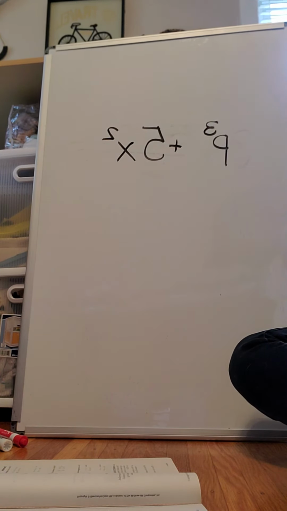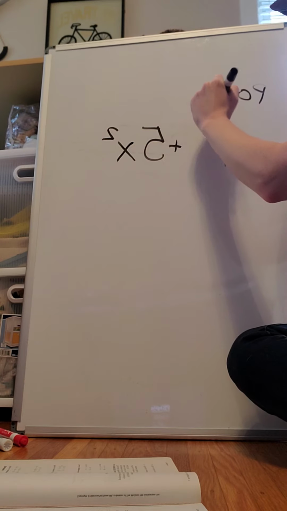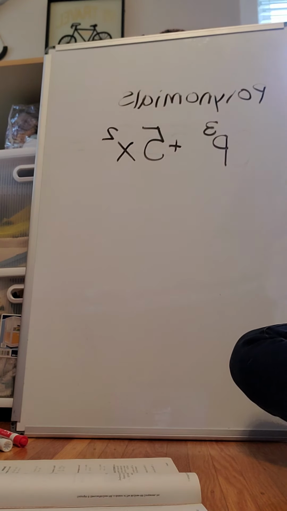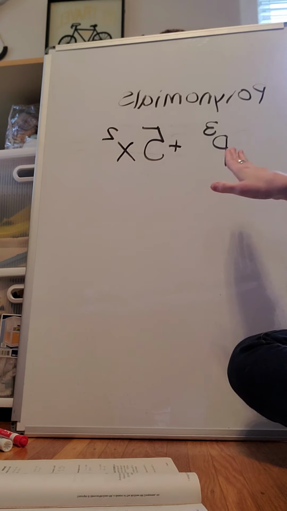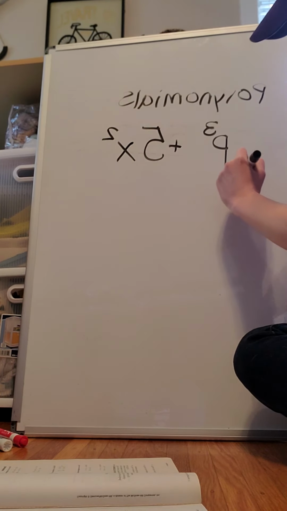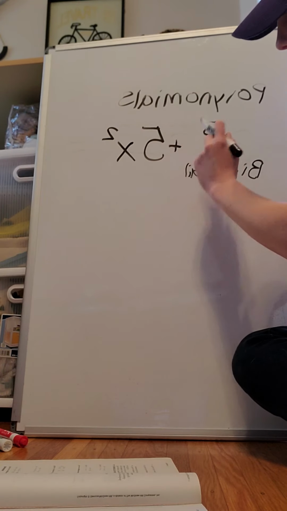Now it's a polynomial. There's two different kinds of polynomials that we will talk about. One is a binomial, so that's 2. Bi, like a bicycle, has 2 wheels, so a binomial has 2 terms. 1, 2.